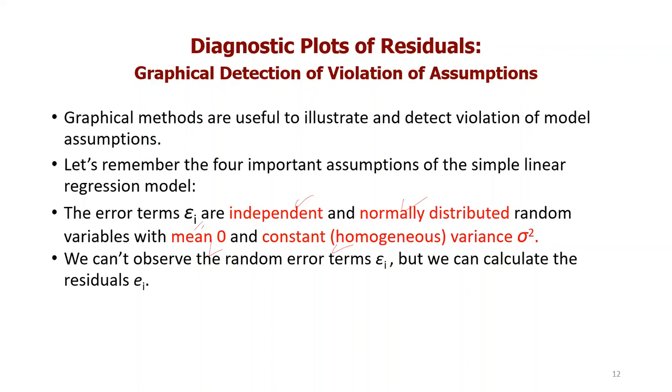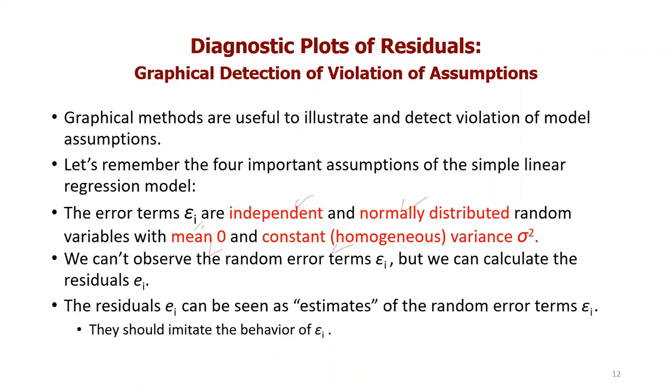But of course, we cannot observe the epsilon i's, but we can calculate or observe the residuals e_i. The residuals can be seen as estimates of the error terms epsilon i's, and what we expect is that they should imitate or mimic the behavior of the error terms.